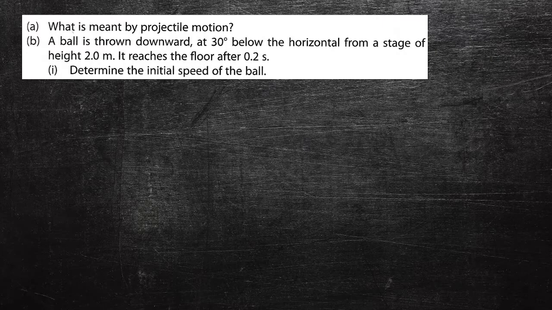So projectile motion. I put this: a projectile motion is the motion of an object horizontally and vertically simultaneously under the influence of gravity.